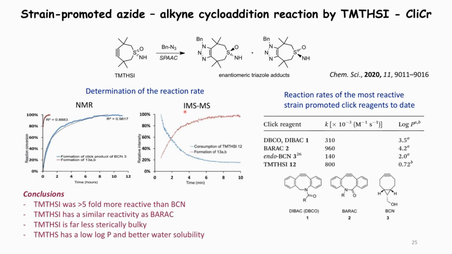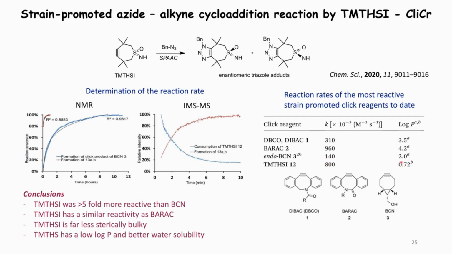This is Maarten Honing, and they could determine by ion mobility mass spec the rate of consumption of TMTH-SI and the formation of this enantiomeric mixture. If you do that properly, you really can see that TMTH-SI is very reactive, certainly comparably reactive as BARAC, and certainly more reactive than DBCO and BCN. So we were pleasantly surprised here.